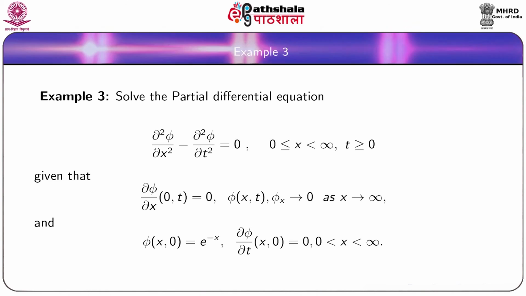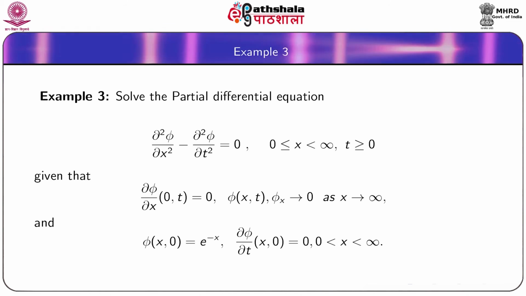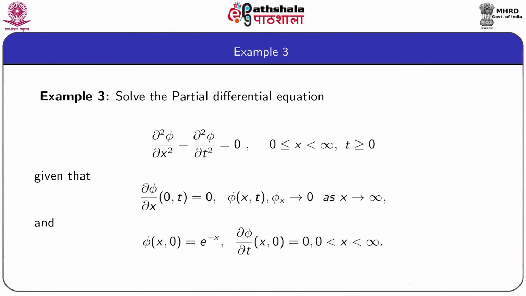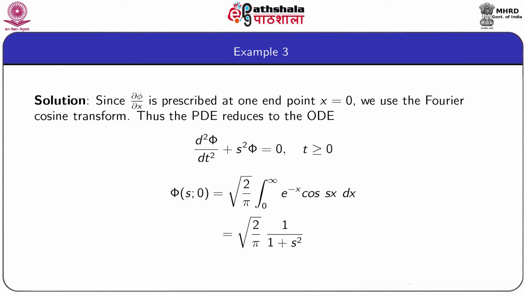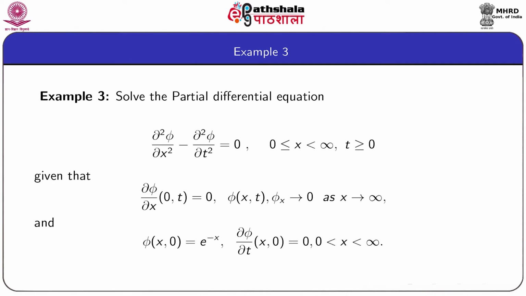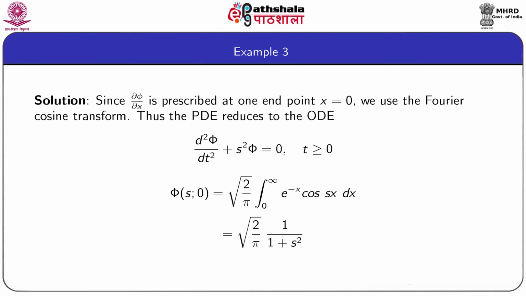Now, since the range of x is from 0 to infinity, we have to use Fourier sine or cosine transform. Since here ∂φ/∂x is prescribed at one endpoint x = 0, we will use the Fourier cosine transform.